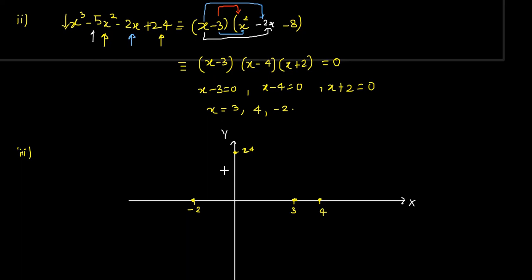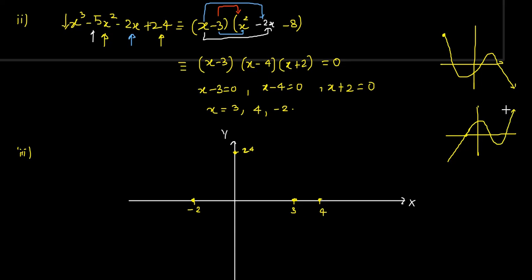Now there are two possibilities for this cubic equation. One is that the graph can start from plus infinity, means from the second quadrant, intersect at -2, again at +3, and again at 4, and it will go downward like this. Or the second possibility could be that it starts from -infinity, intersects at -2, then again intersects at 3 and 4, and so on.